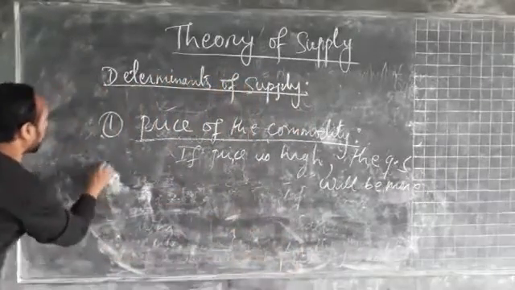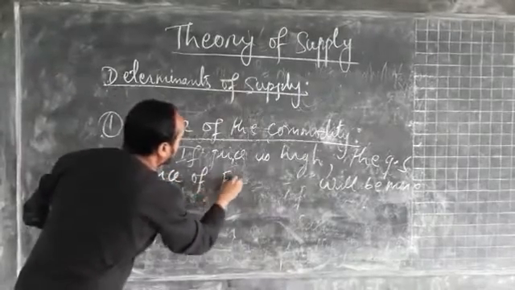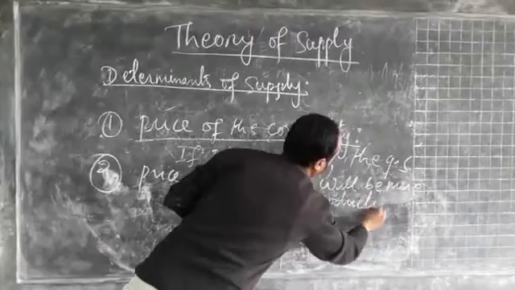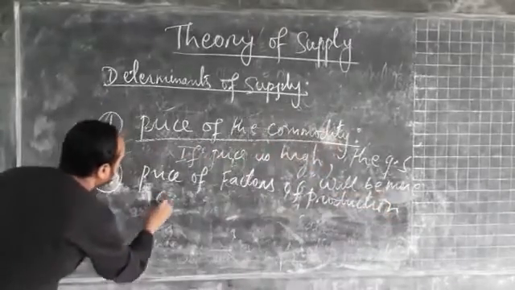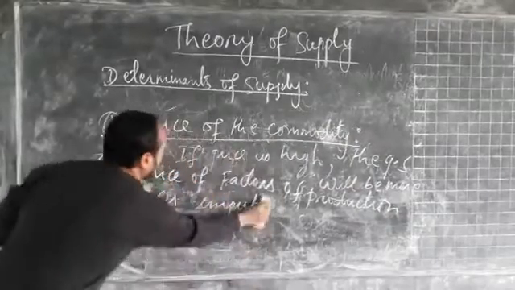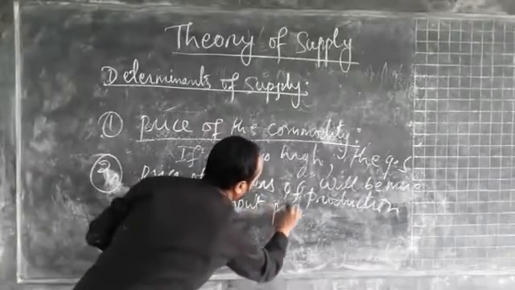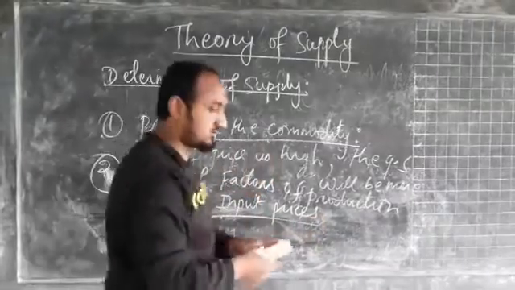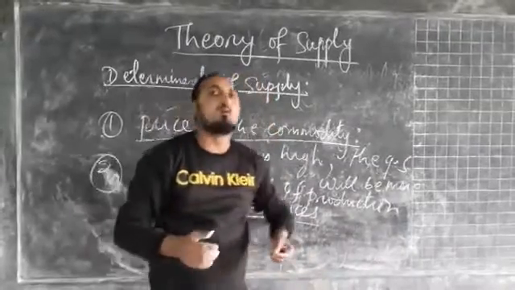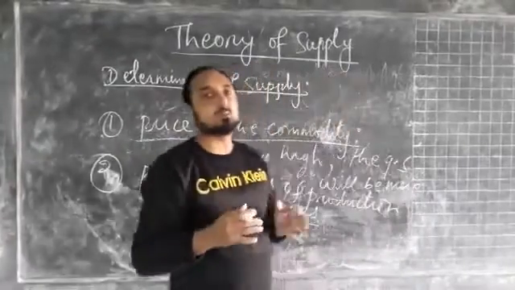Now the second factor we have is factors of production, or we can consider this as input prices, or the prices of factors of production. We know that there are different factors of production: labor, land, machinery, equipment. So there are various factors that are used in the production process.